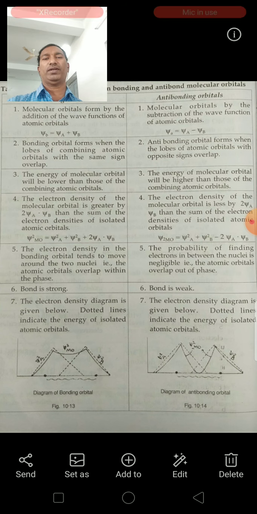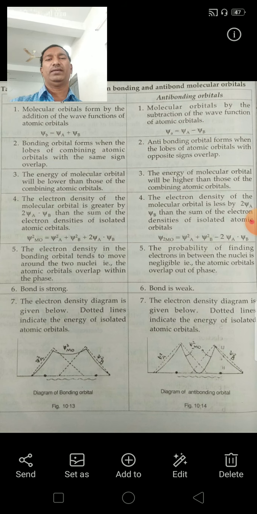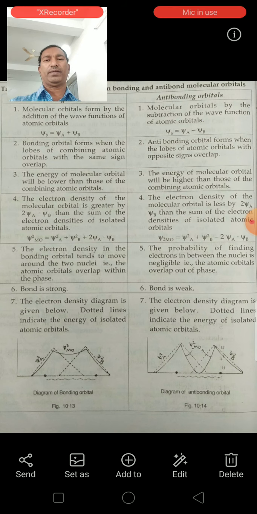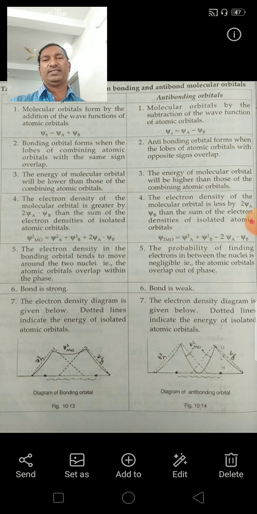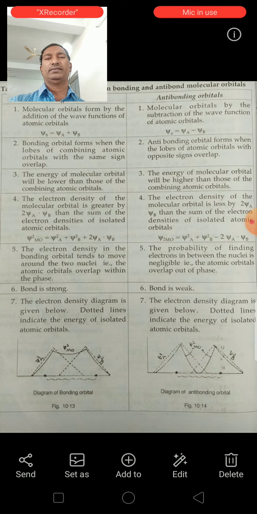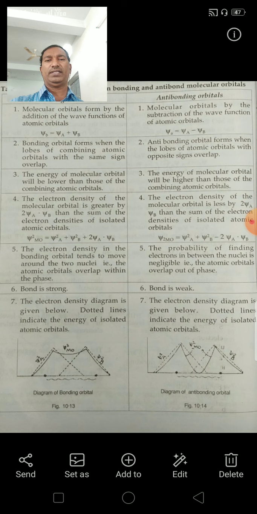For the antibonding molecular orbital, the energy will be higher than those of the combining atomic orbitals.